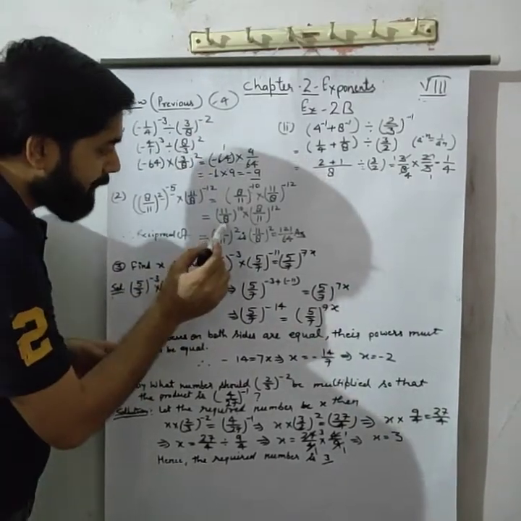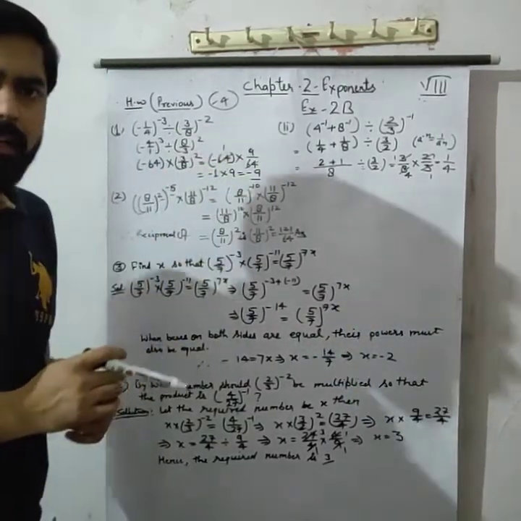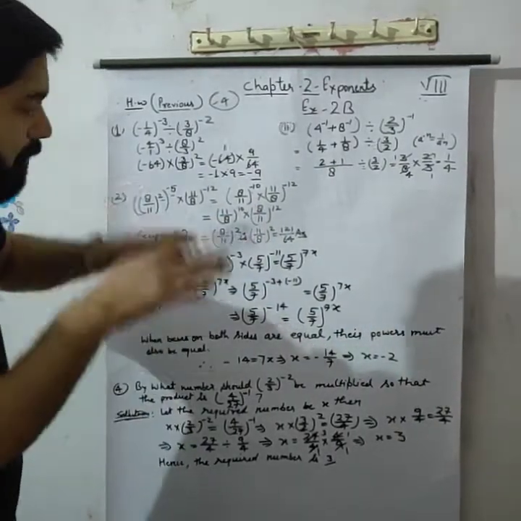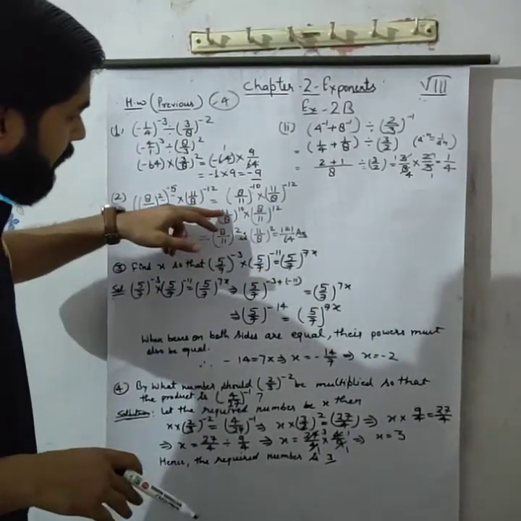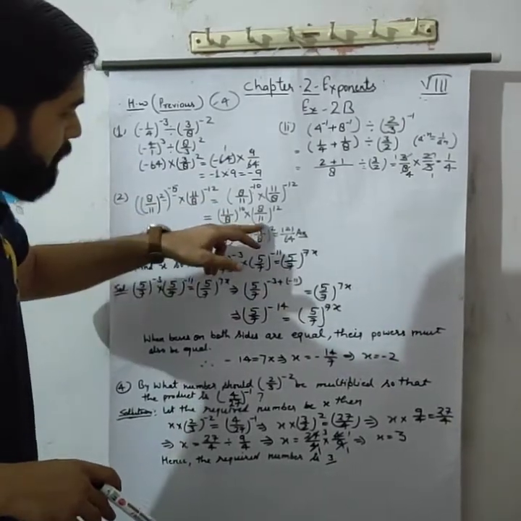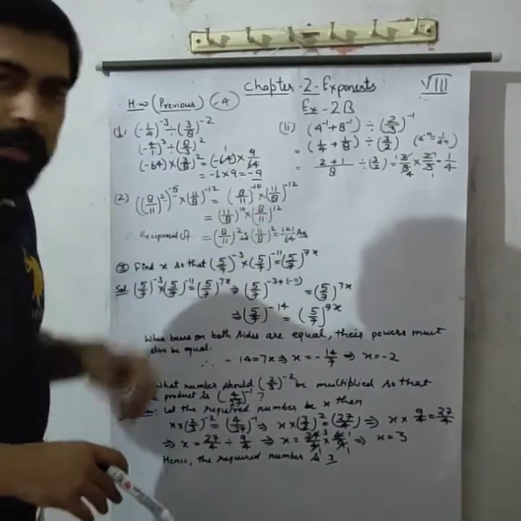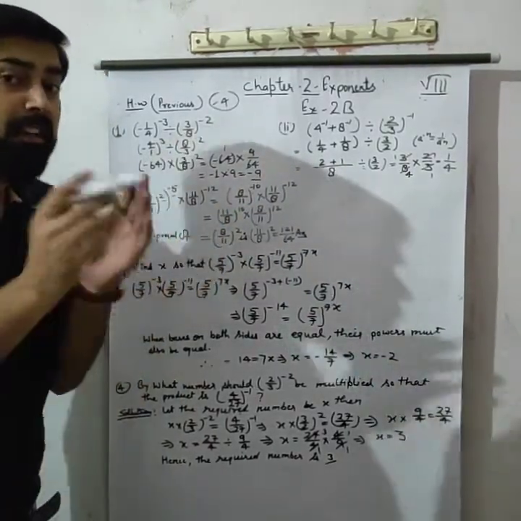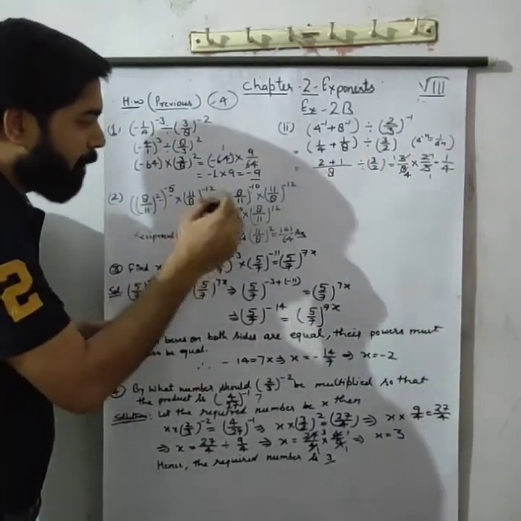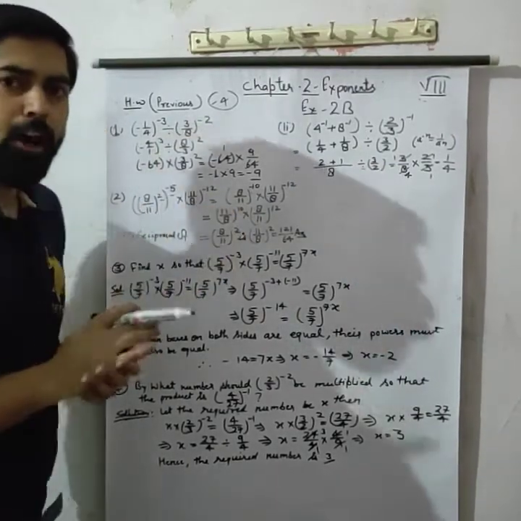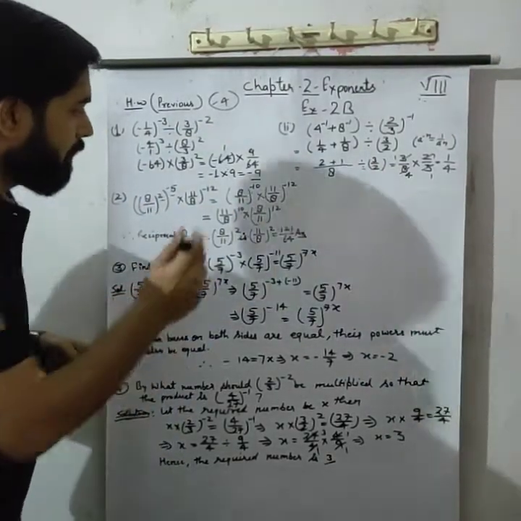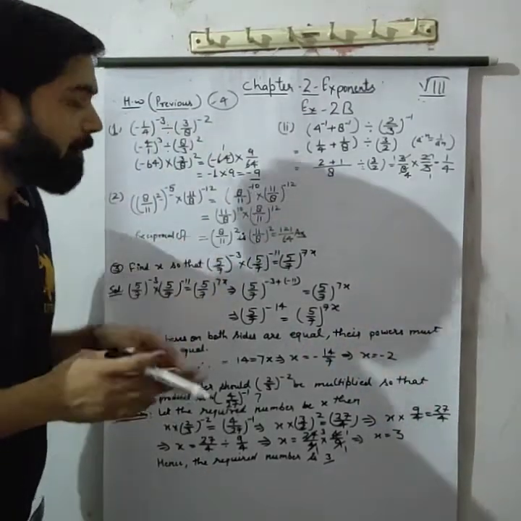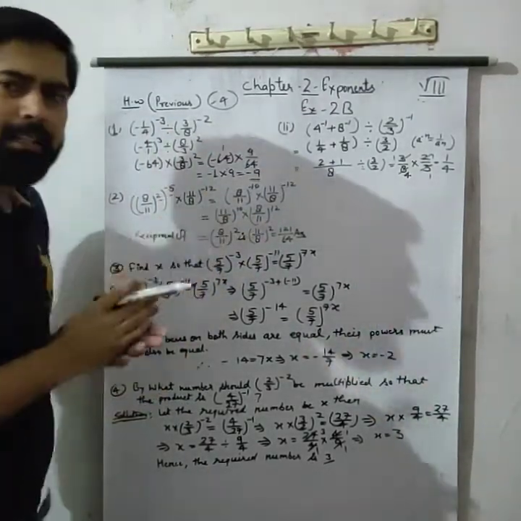And 8 is a denominator here and a numerator there. Both are opposite. After the multiplication, we get ten 11s and ten 8s here, and twelve 8s and twelve 11s there. So we can cancel each other.